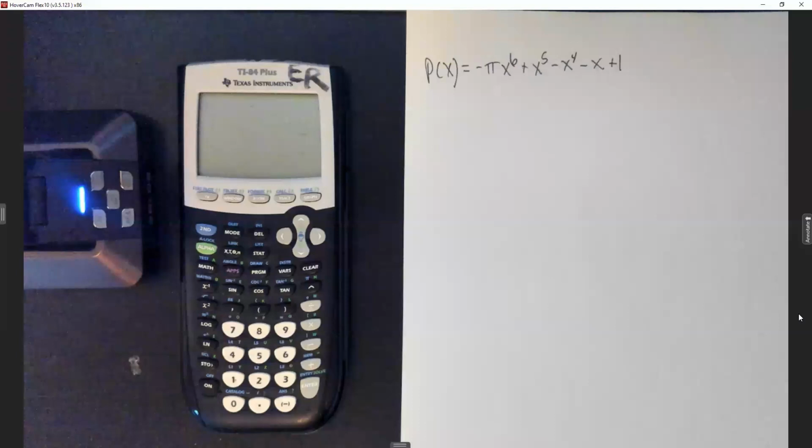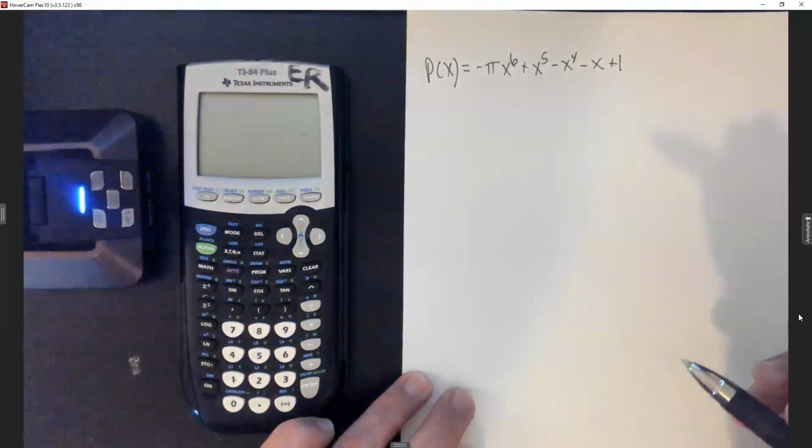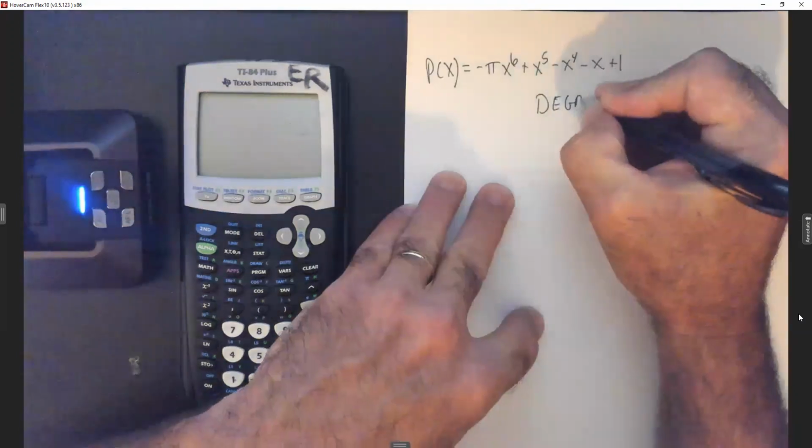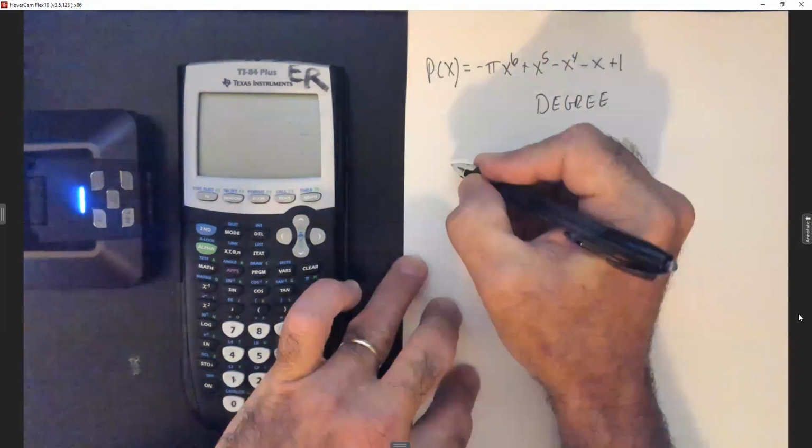So when they tell you to use the end behavior to determine what the picture will look like, we had a chart I gave y'all, and on the top it said degree, and then on the side it said lead coefficient.